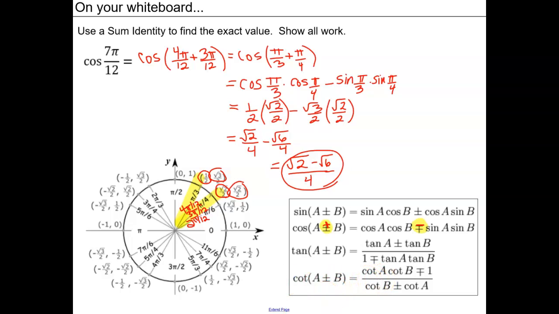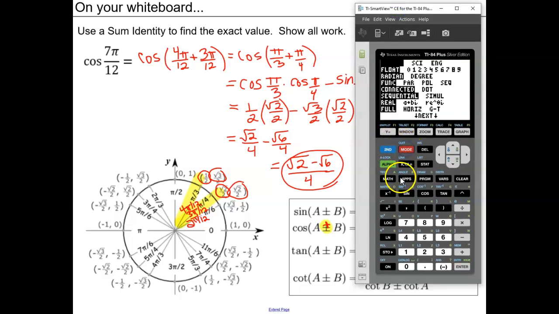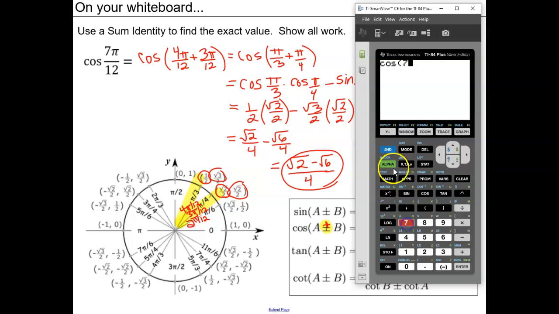We can check that in the calculator, making sure that we're in radian mode, which we are, by first evaluating the cosine of 7 pi over 12, and then comparing that to the answer that we just arrived at, which is the square root of 2 minus the square root of 6, and that's all divided by 4.